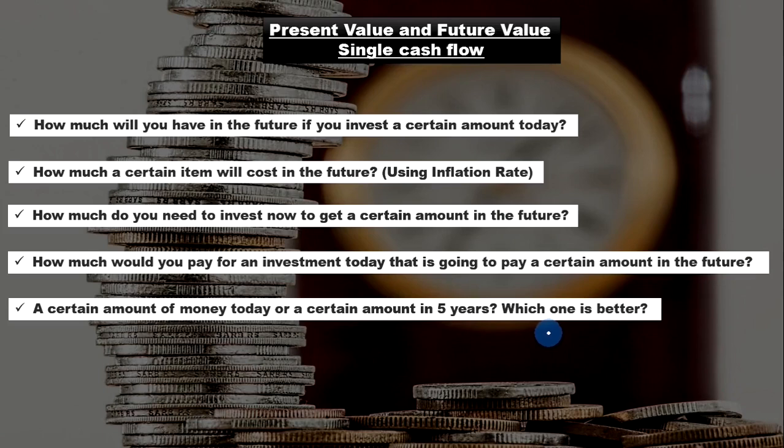Which one is better? Well, $800,000 is obviously more than $500,000, but that will happen 5 years from now or sometimes from now. And the other amount is today. So how can you decide which one is actually better? So these are the type of questions that we're going to go through in the next few slides. I'm going to answer all of them and explain all of them.